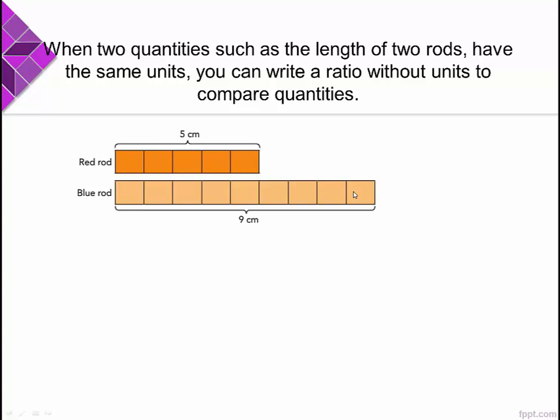So we could write the terms 5 to 9, or we could write 5 centimeters to 9 centimeters. So the terms of the ratio are 5 and 9.